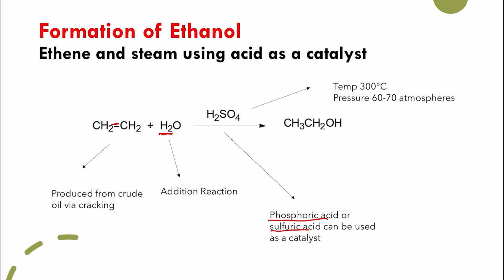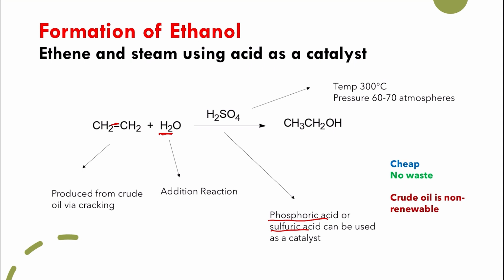The reaction needs high temperature that can reach up to 300 degrees, and we also use pressure of 60 to 70 atmospheres. This reaction for production of ethanol has advantages and disadvantages. The main advantages are that it's a very cheap reaction and no waste is produced.